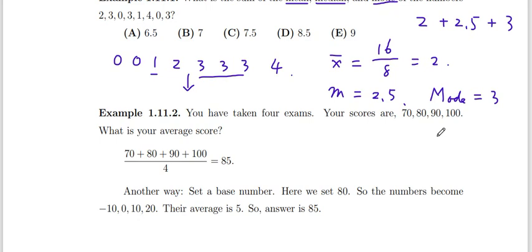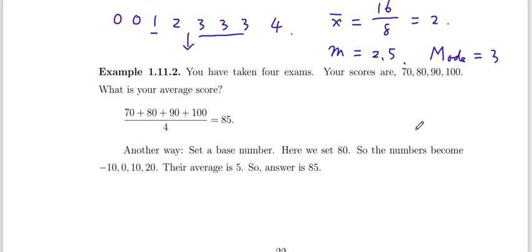Okay, so for the average, like if your exam scores are these, how to find the average? The average is just add them up, divided by 4. So this is the usual way. But when those numbers are big, we can try to make those numbers smaller, or we can set a base number.